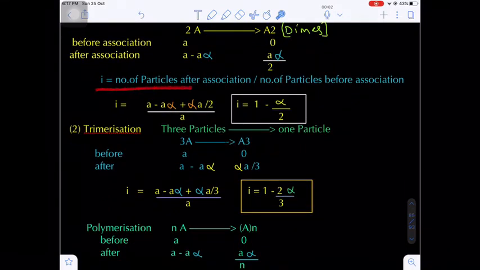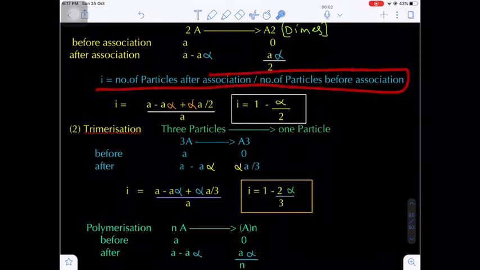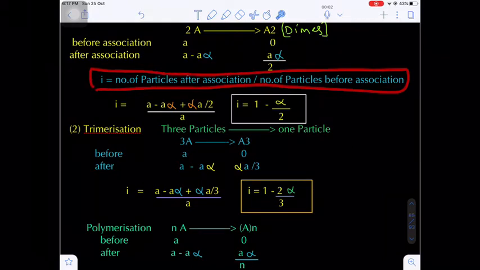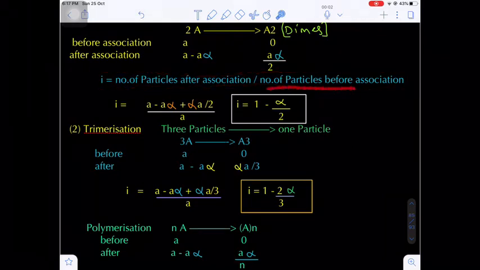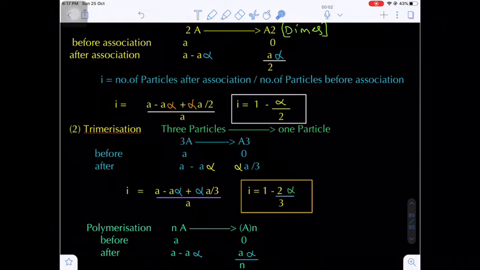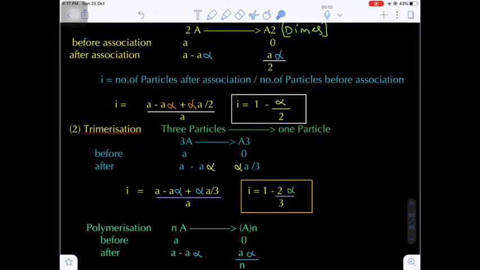Now what is iota? The number of particles formed after association by the total number of particles before association. After association, A minus A alpha plus A alpha by 2, so (A minus A alpha by 2) by A. A gets cancelled. Iota is 1 minus alpha by 2.